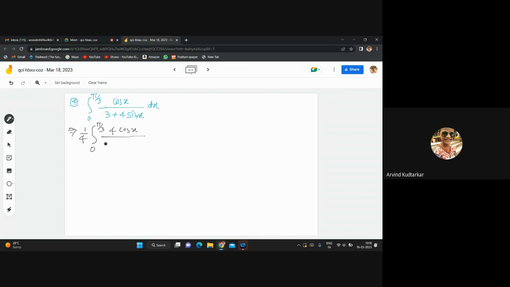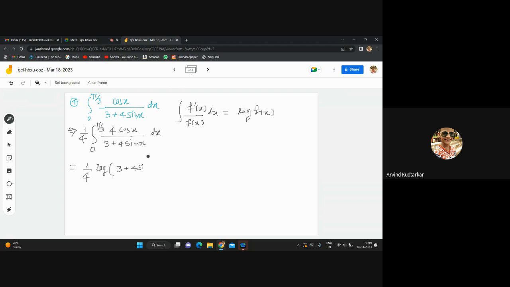So that is equal to 1 by 4 times into log of 3 plus 4 sin x. Provide their limit to this term from 0 to pi by 3.